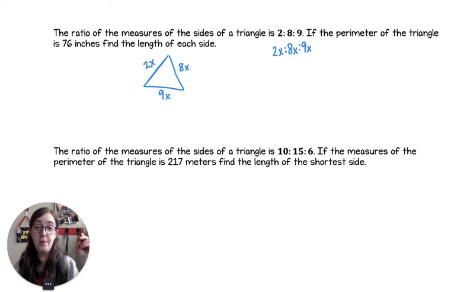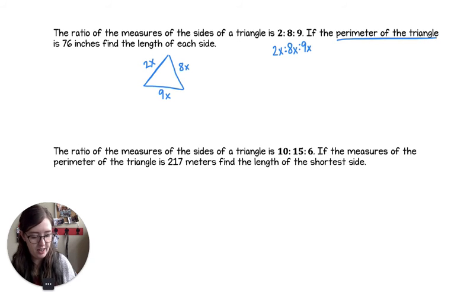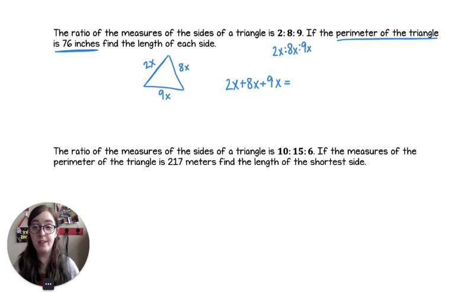Now to find a perimeter, you add up all the sides, right? And why do I care about the perimeter? Because they're telling me that the perimeter of the triangle is 76. So for the perimeter, we add up all the sides, 2x, 8x, 9x, and set it equal to what that perimeter is, and they told me in the problem that it's 76 inches.